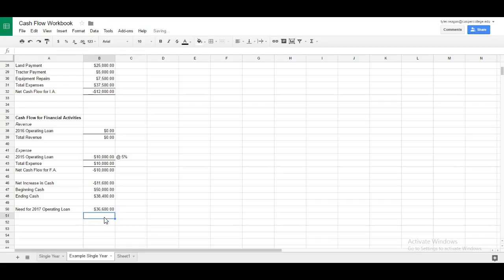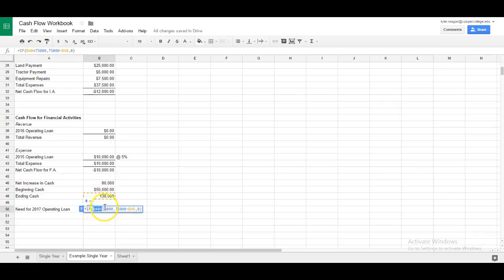So the beauty of the if-then statement is, say hypothetically, this value right here was not negative $11,600. It was in fact, say, $80,000. Now, if you see the ending cash changed to $130,000, that $130,000 is greater than the $75,000.